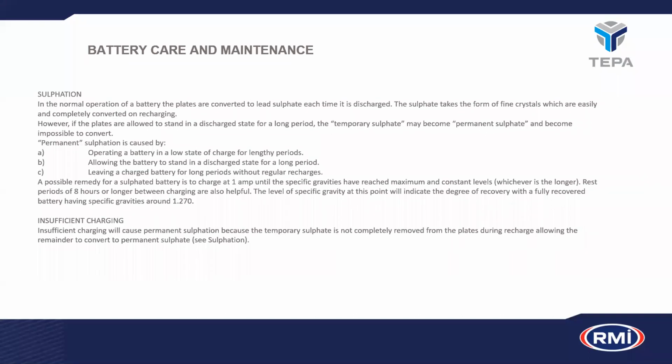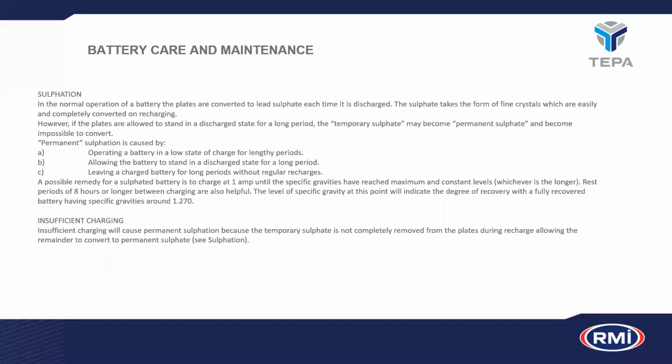Sulfation, I spoke about sulfation earlier. If you operate the battery in a low state of charge for lengthy periods, allow the battery to stand in a discharged state for a long period of time, or leave a battery for long periods without regular charges, that'll cause sulfation, and it'll cause permanent damage to the battery, which will not be able to be recovered.